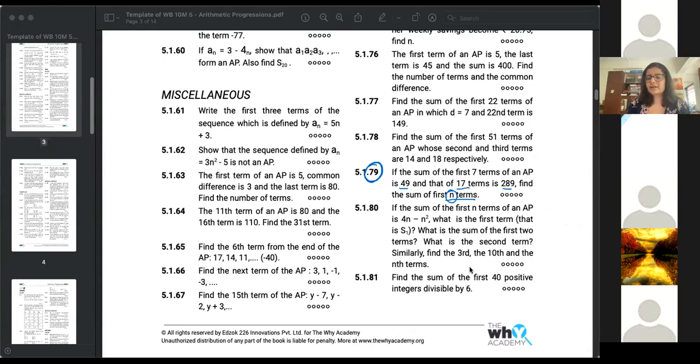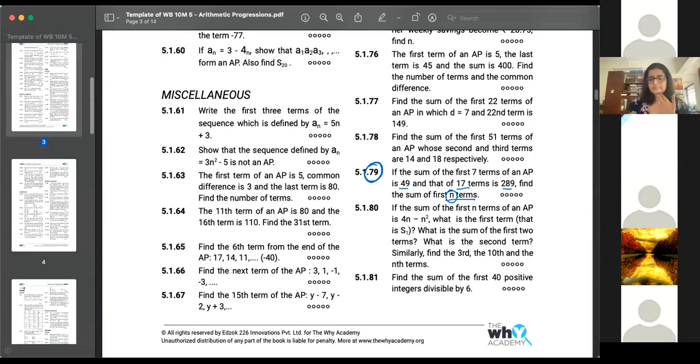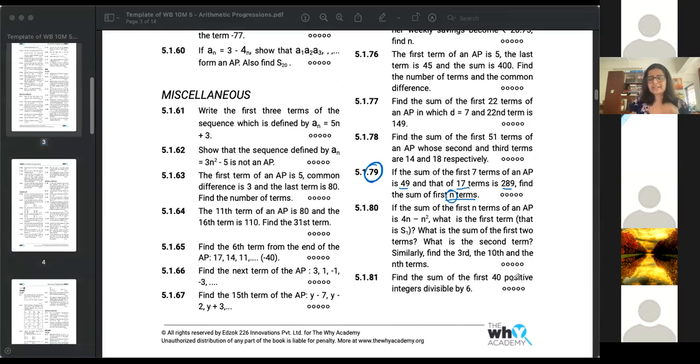Ma'am, we discussed only two main formulas, but Sn also equals n squared plus n by 2, right? I kept specifying that n square plus n by 2. Is this what you said? Yeah, so this is basically n into n plus 1 by 2, right?